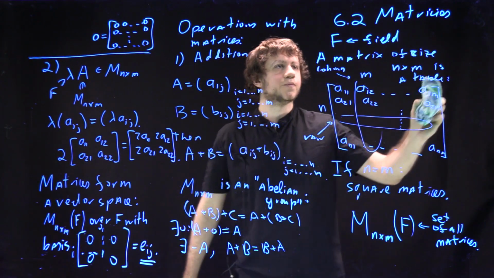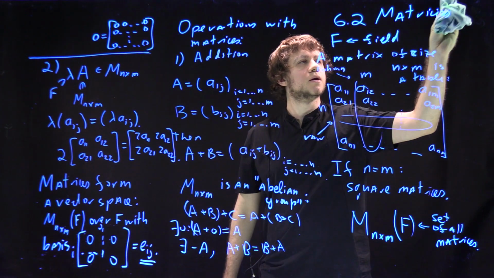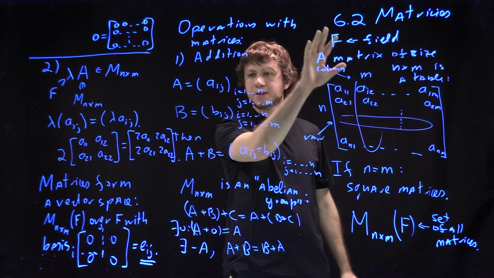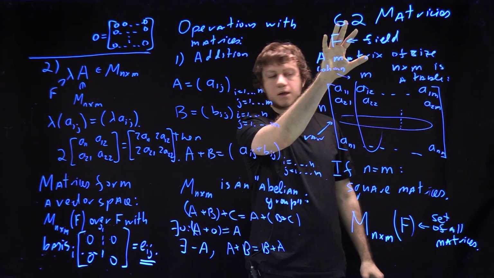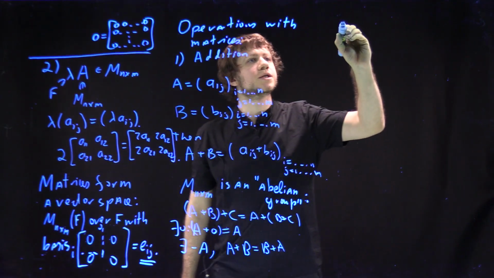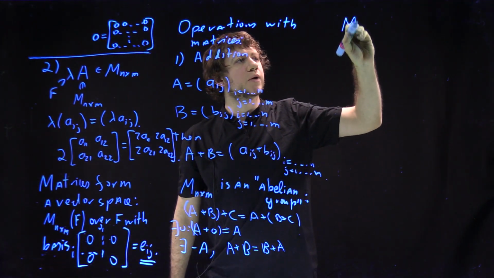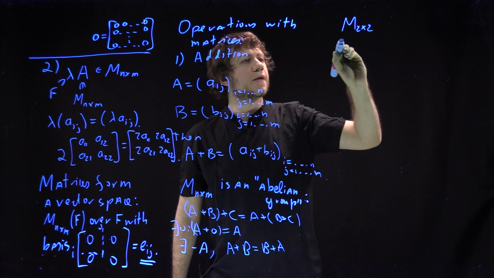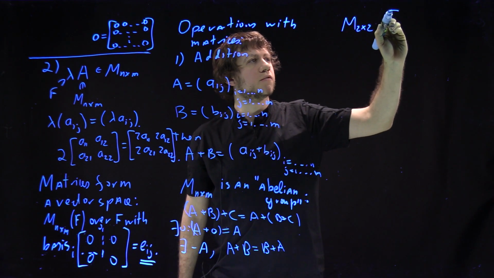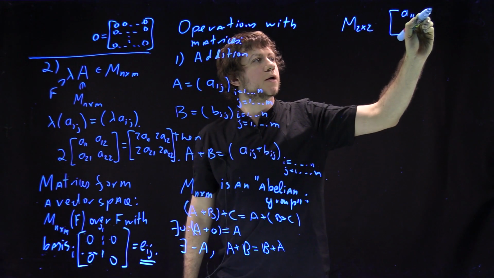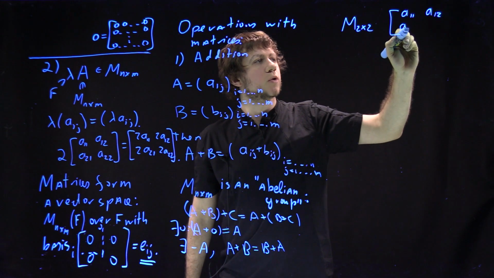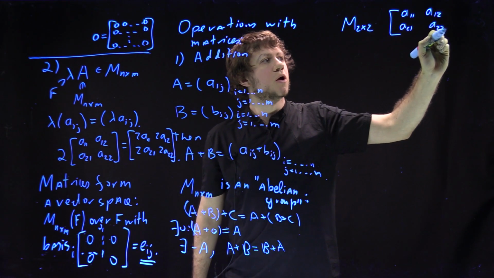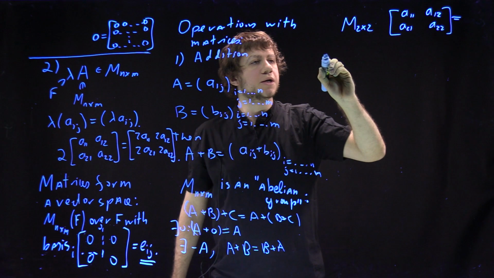So for instance, let me erase this part. If you have 2 by 2 matrices, they have the form A11, A12, A21, A22, and you can write this down in this basis.